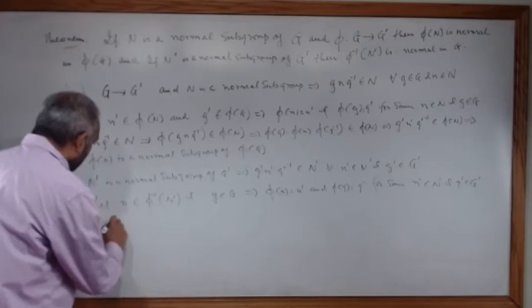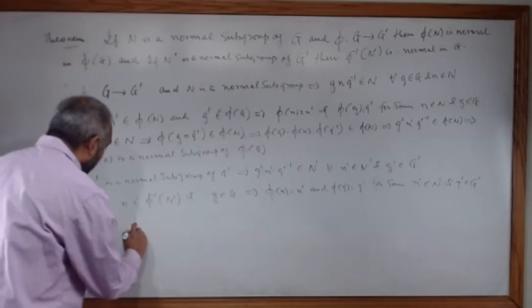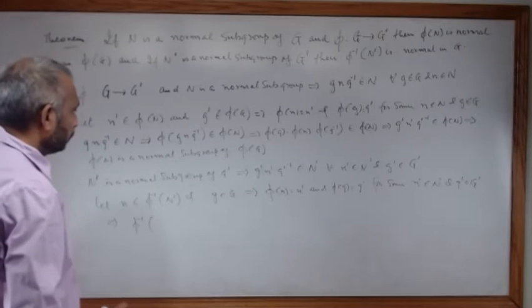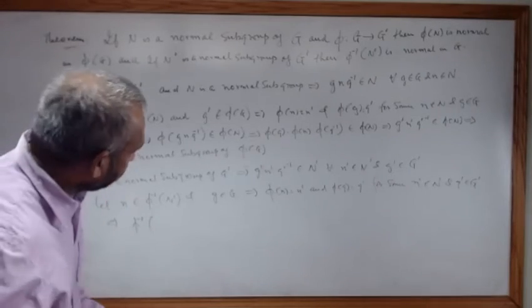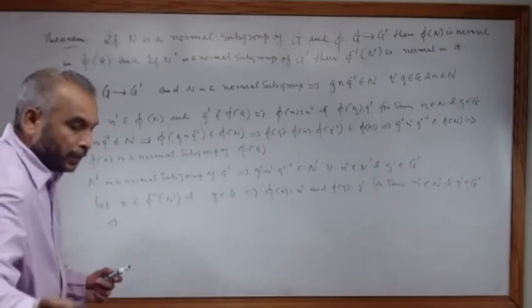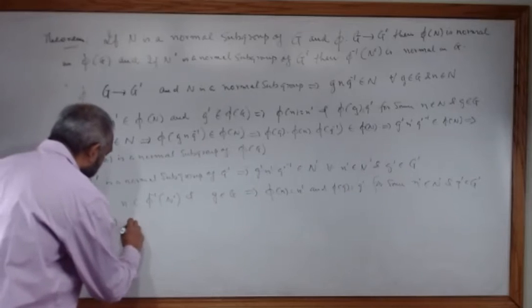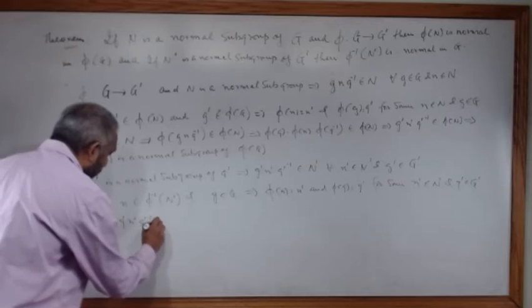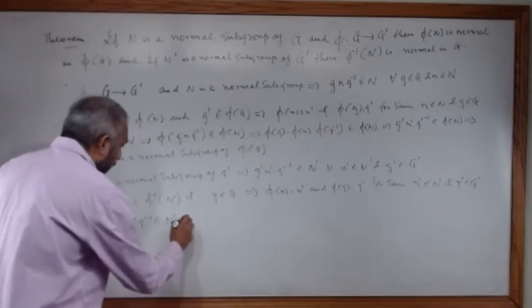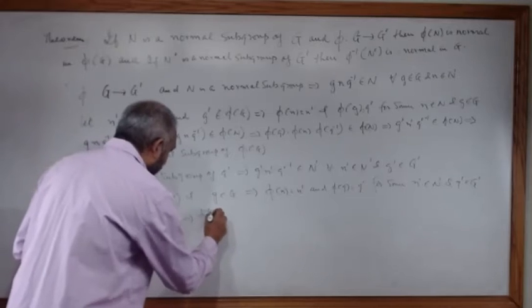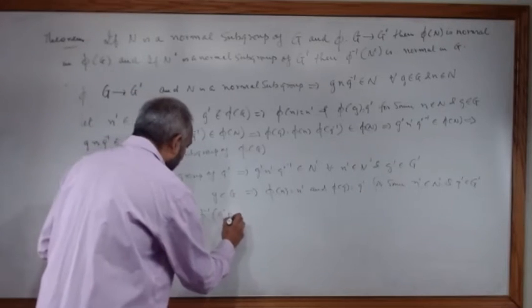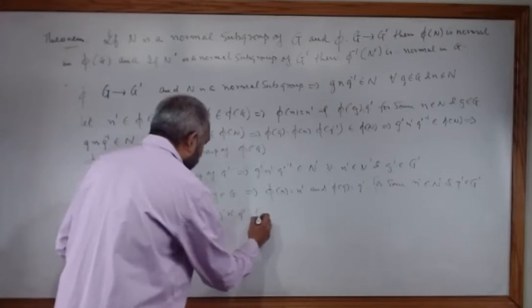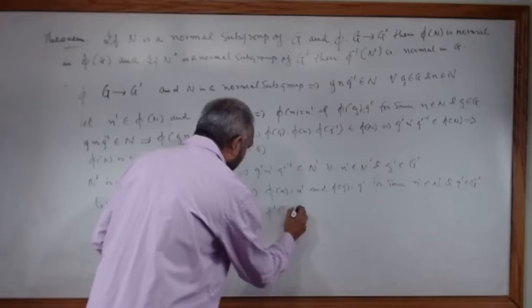And that implies, sorry, g prime n prime g prime inverse belongs to N prime, implies phi inverse of g prime n prime g prime inverse belongs to phi inverse of N prime.